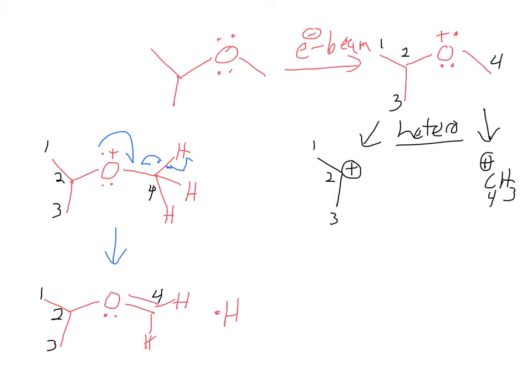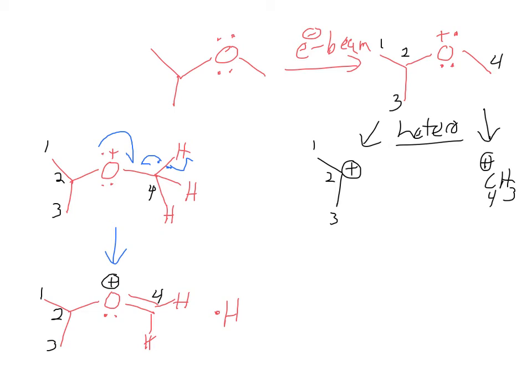Now I need to balance my charge. Where should the plus charge be? On the oxygen, right? Good. The pi bond always forms between the thing that has the dot or the plus charge and the alpha carbon, and whatever's beta always gets the radical, gets the dot. The beta thing gets the dot.